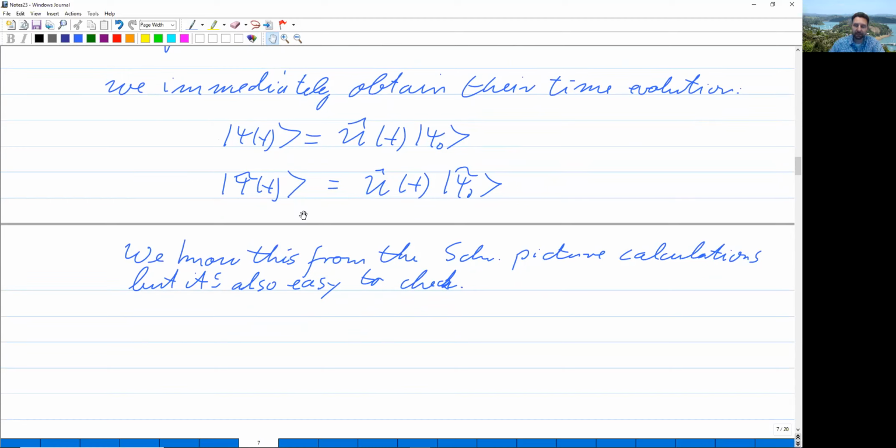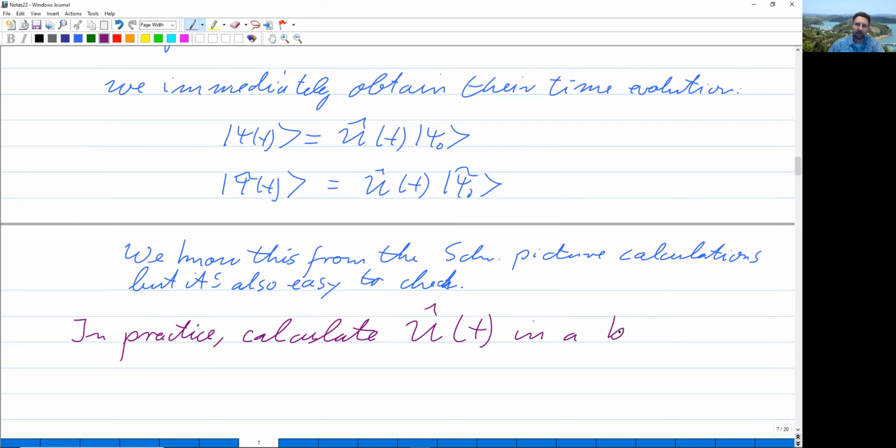So in practice, we do this in a basis. So in practice, calculate u hat of t in a basis.